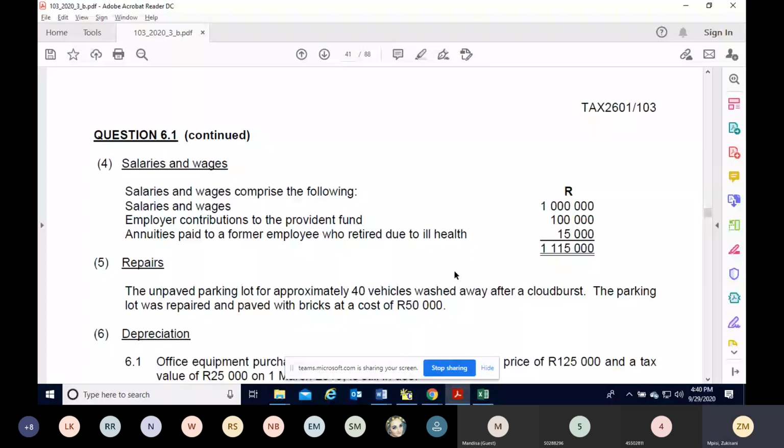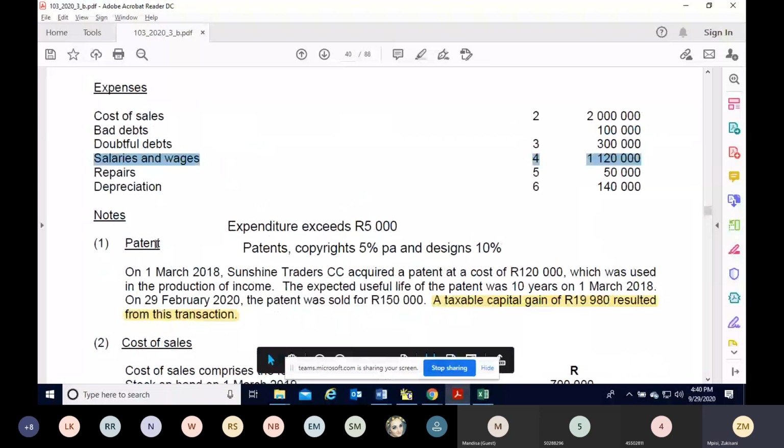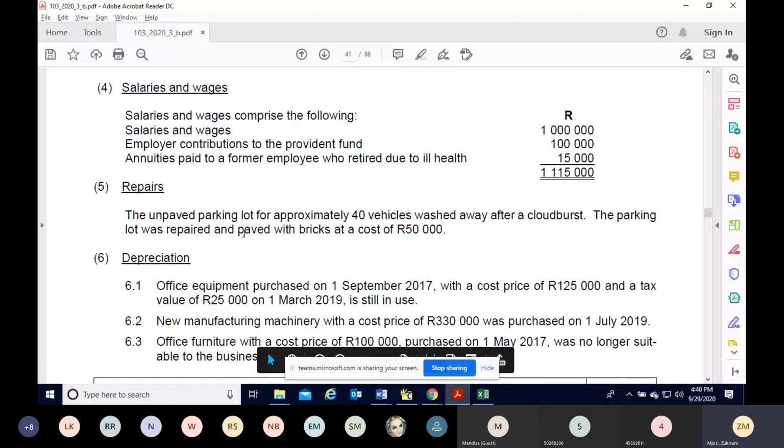And we are told that we've got repairs of 50,000, note 5. The unpaved parking lot of approximately 40 vehicles washed away after a cloudburst. The parking lot was repaired and paved with bricks at a cost of 50,000. Is that the repairs or improvement?